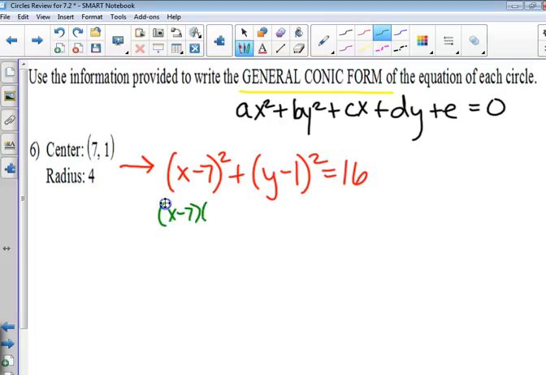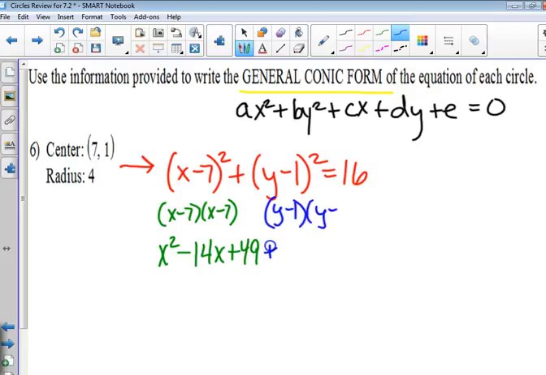When you do x minus 7 times x minus 7, you get what? Okay, we just squared that. We're going to do it backwards in a minute and complete the square. But do you see it was 14 in the middle, even though it was minus 7 and minus 7, right? Over here, y minus 1 times y minus 1, y squared.